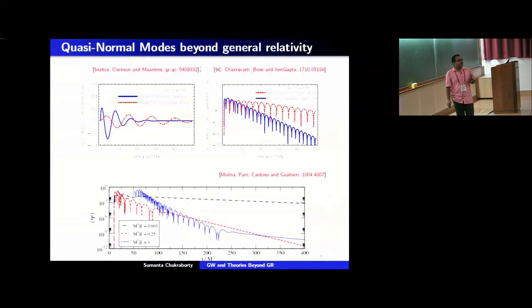It's sort of a generic feature that after a few cycles of the standard GR predictions, the alternative theories dominate because their decay rate is much smaller in most of the cases compared to the general relativity counterpart, and that provides a very nice opportunity to look for them in the future GW detectors.